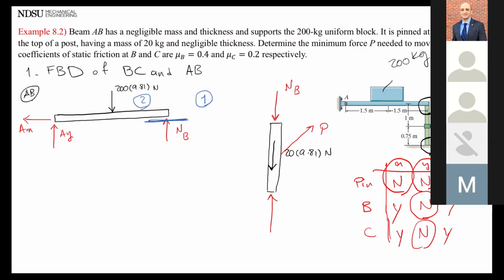What else? Friction. Friction at point B and at point C. So friction is going to be tangent to the surface, perpendicular to the normal forces. Let's look at point C. Should the friction point towards 1 or 2? 2.